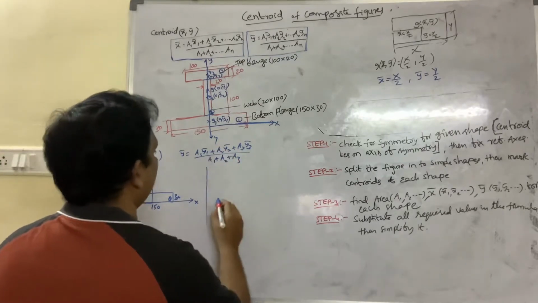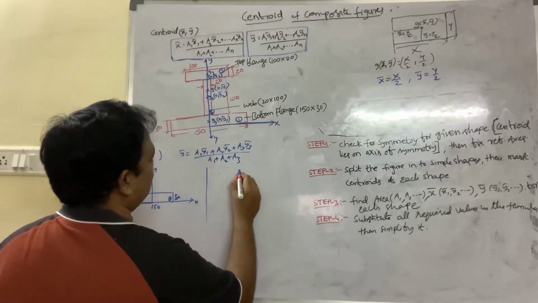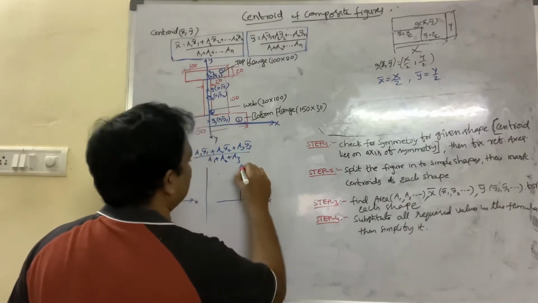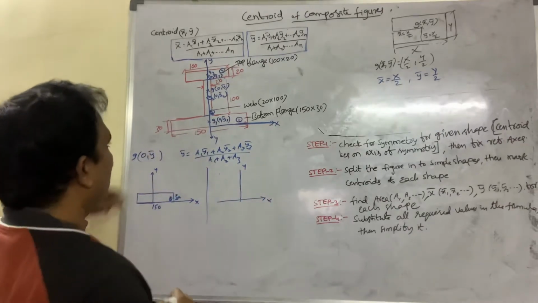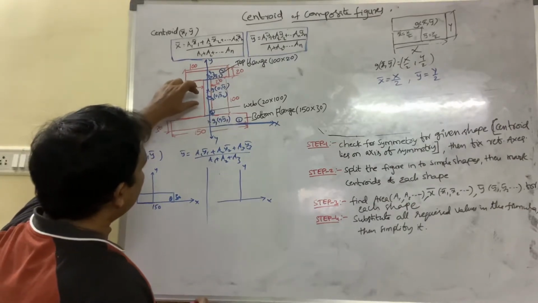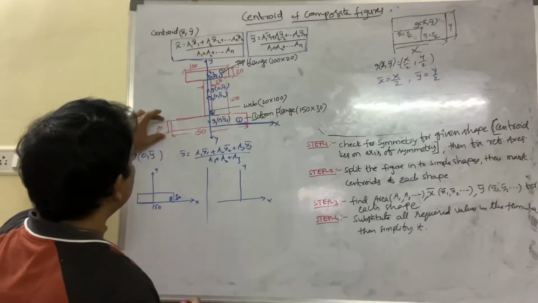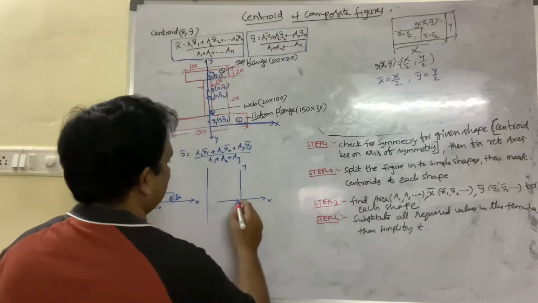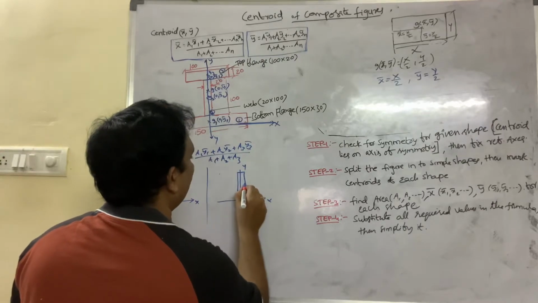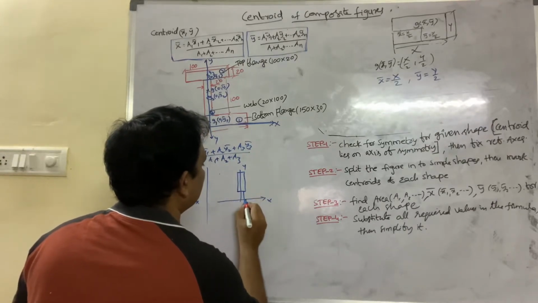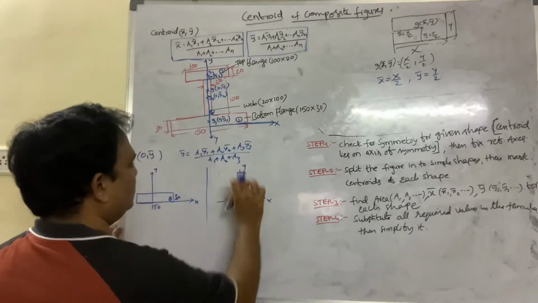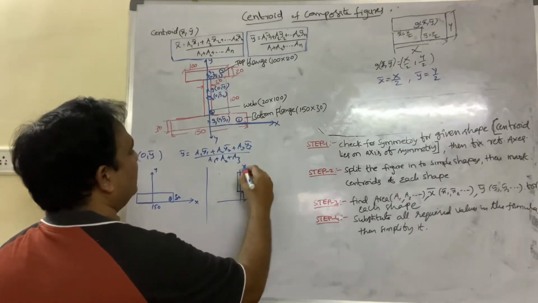Let us go to the second member. What is the location of the second member? The second member is located above 30 mm from the x-axis. So this distance is 30 mm, and above 30 mm the second figure is located.